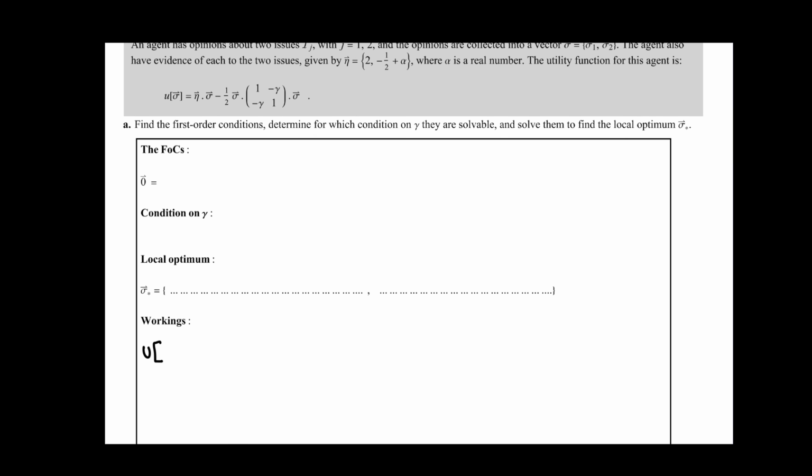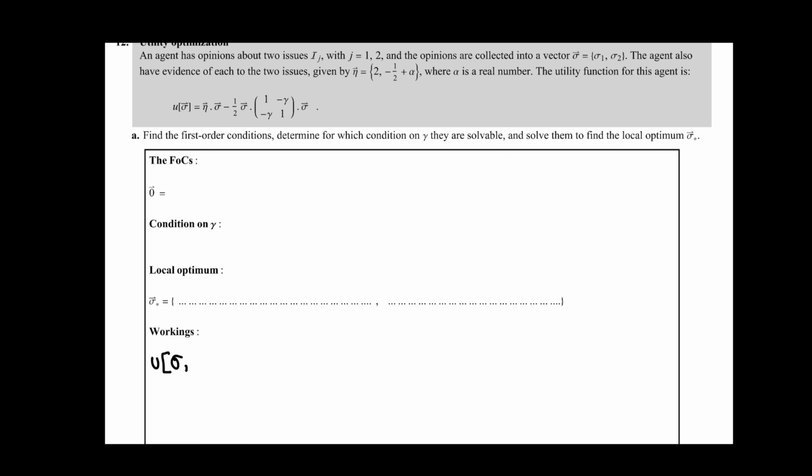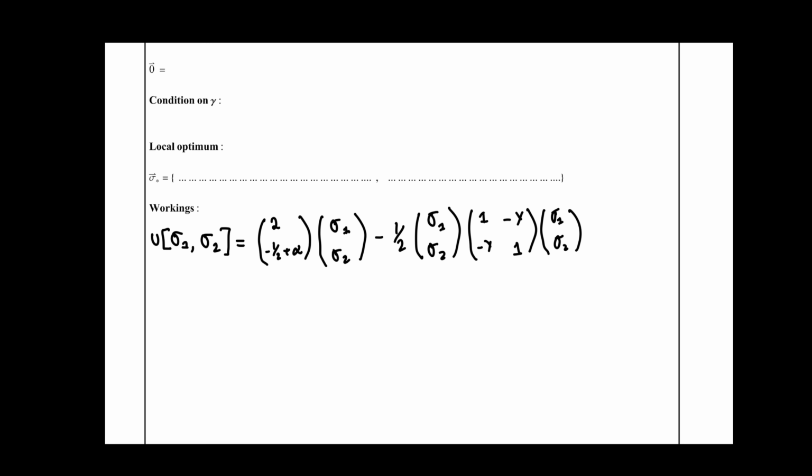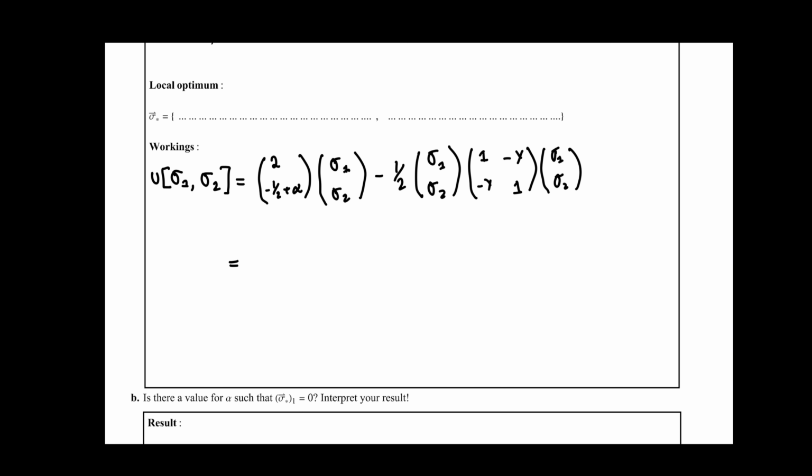So σ is a vector, which is σ1, σ2. η is (2, -1/2 + α), and the utility is η·σ minus a half σ transposed times the matrix (1, -y; -y, 1) times σ. If we now expand everything out, with this we have to use the dot product, we get 2σ1 minus a half σ2 plus ασ2.